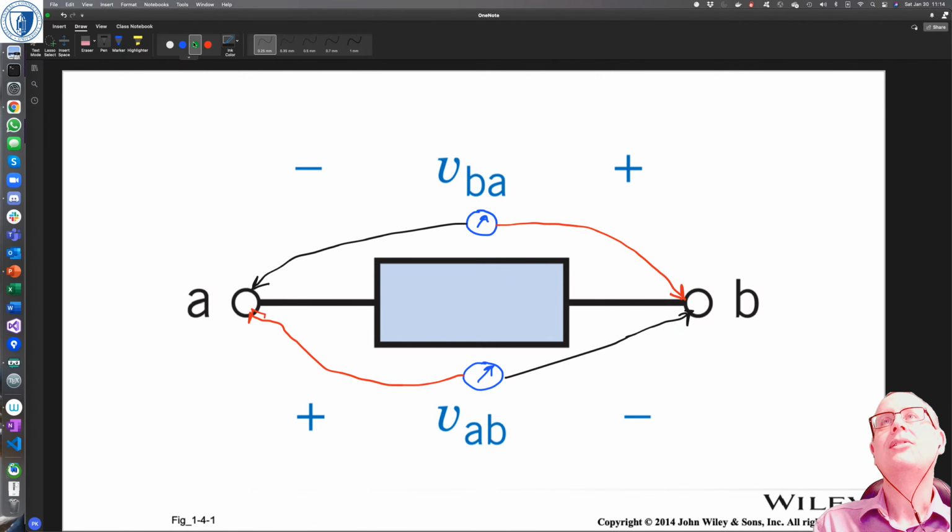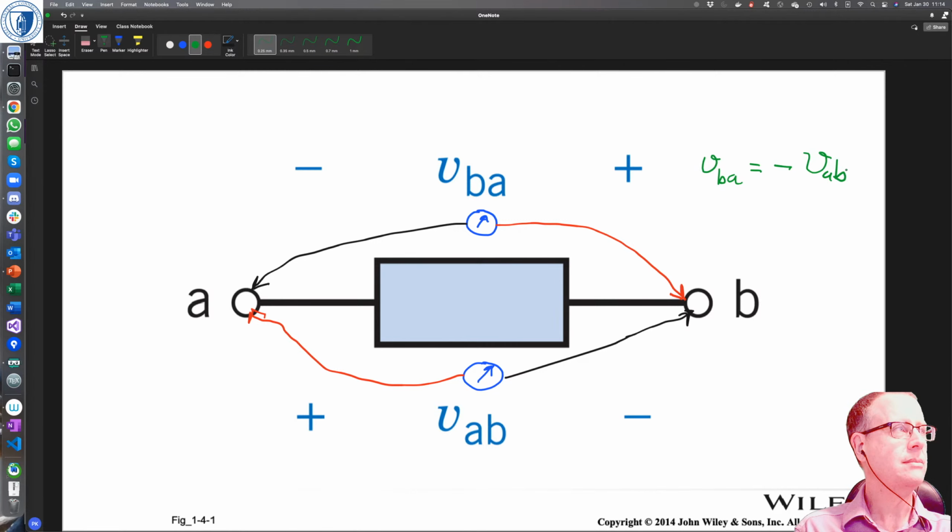And you can see those two are different, because we've put the negative probe on A for the top one, and the negative probe on B for the bottom one. So you can also think that VBA equals the negative of VAB, just like the issue with the currents in the first diagram.